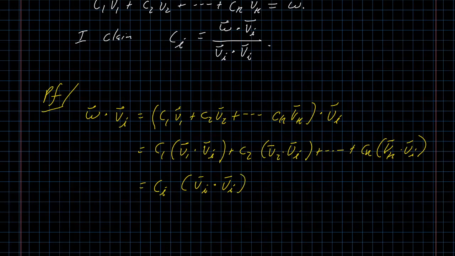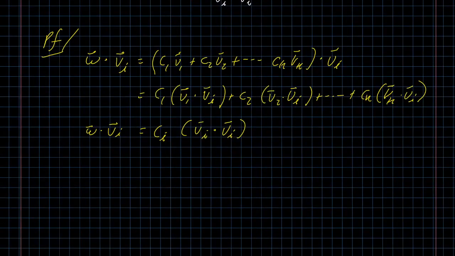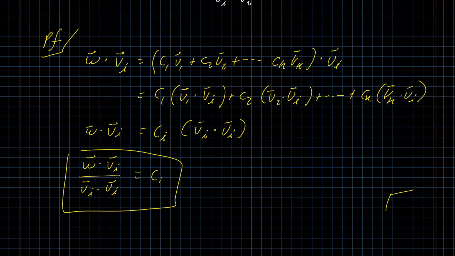Because the set of vectors V are orthogonal, every other dot product must be 0. So I get that w dot Vi is equal to Ci times Vi dot Vi, and I can divide both sides of the equation by Vi dot Vi to get the result that I said I was going to get.